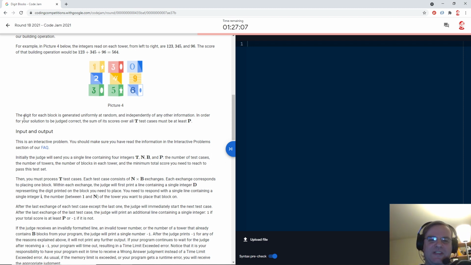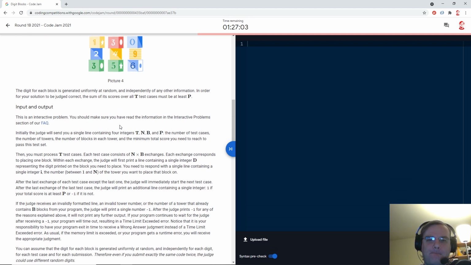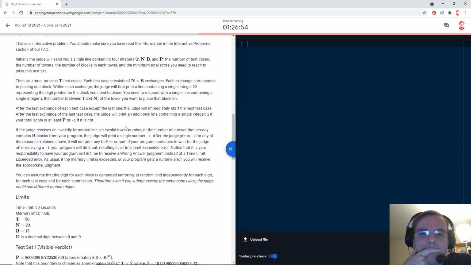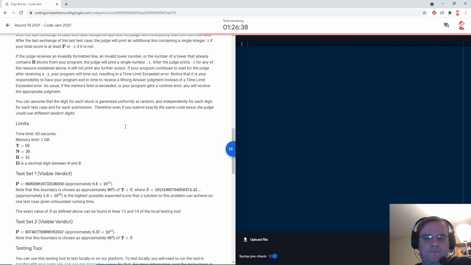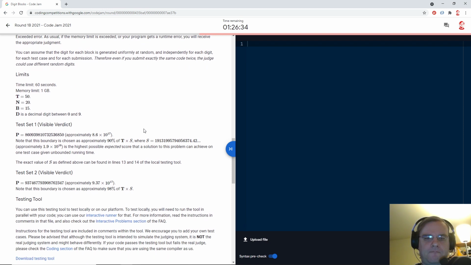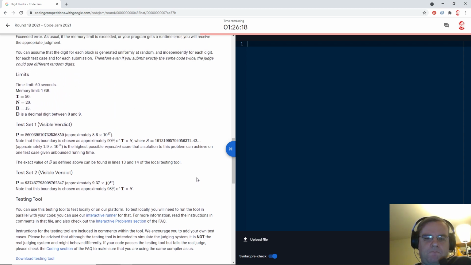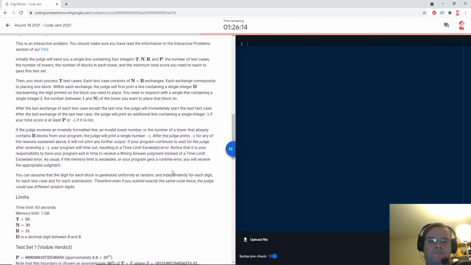But we do know that the incoming digits are random. Half the problem statement is just describing how to do the interactive process.